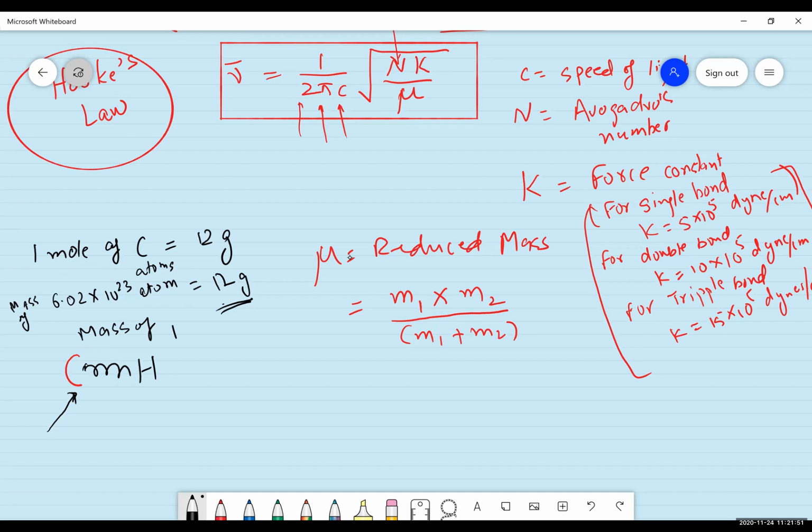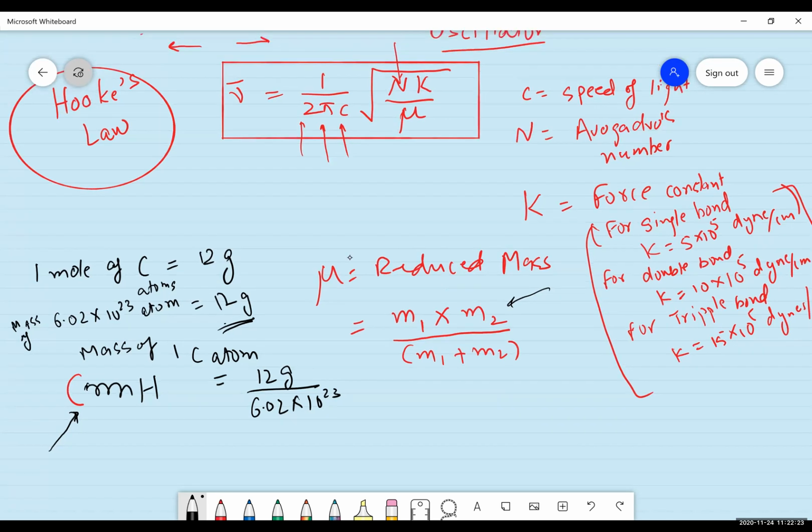So the mass of one carbon atom equals 12 grams divided by 6.02 times 10 to the 23, right? So that's how we can calculate the mass of one atom. We take the molar mass and divide by the Avogadro number. And similarly, we can calculate for this one, and we can calculate the reduced mass.